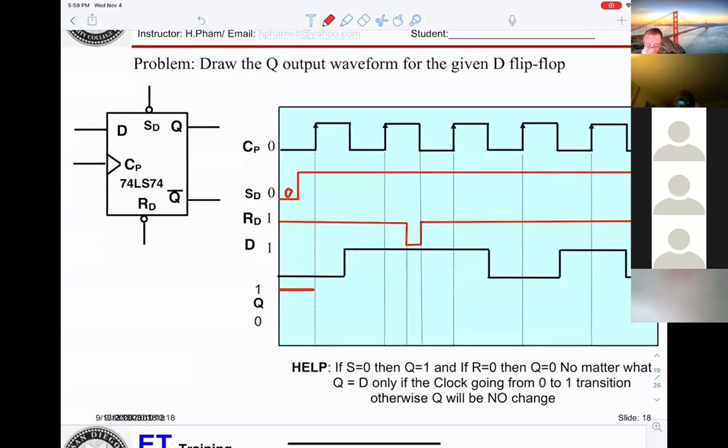Then there will be a 1 at the transition of the clock signal going 0 to 1. So you have to go further over. Okay, now you can see the transition right here.